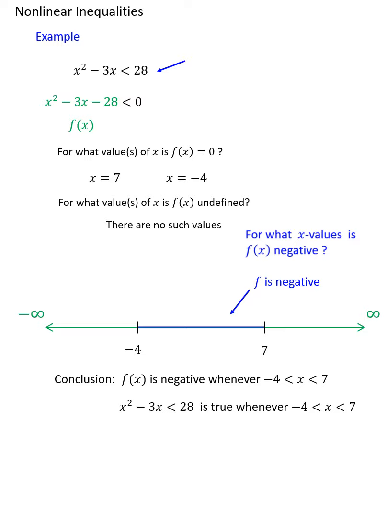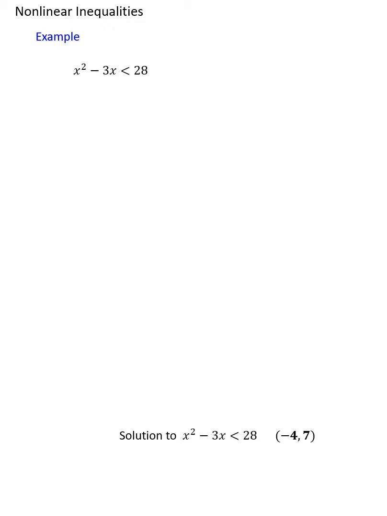So, what is the answer to this inequality? Well, because I prefer interval notation, I'll write the solution to this inequality is the open interval from negative 4 through 7. Remember, the comma in this answer represents through. And that's the solution to this first inequality.